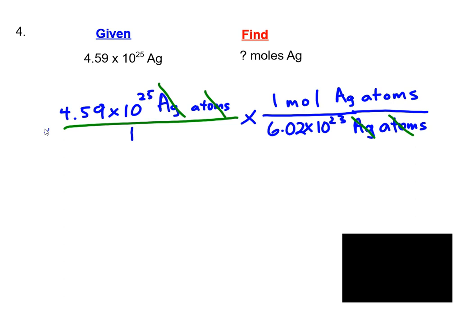Okay, but let's do it like we did with multiplication. I'm going to get out my calculator now, and I'm going to put in my 4.59, and I'm going to be dividing by 6.02. Everything on the top is always divided by everything on the bottom. Okay, and we do it one number at a time.